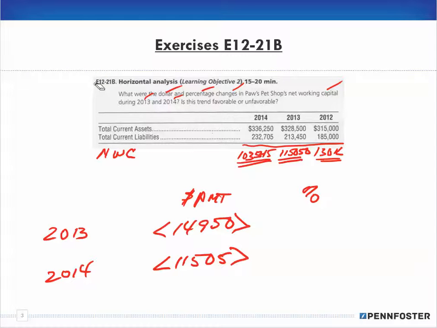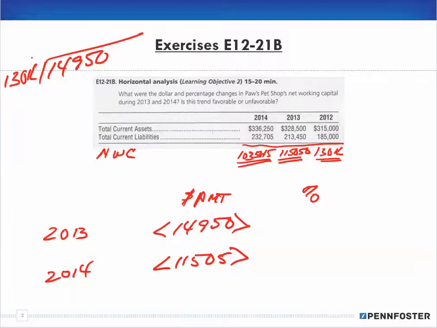Now we need to calculate the percentage change. A percentage change is basically, if the amount is 14,950, we're looking at 2013 here, we're going to divide that by the 130,000 from 2012.